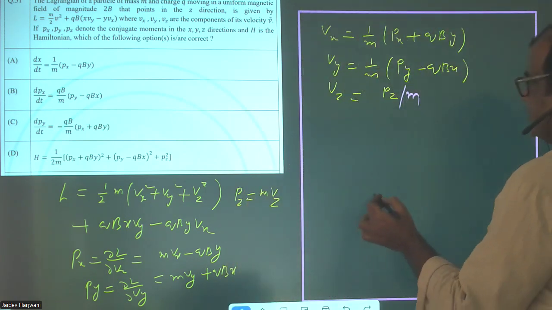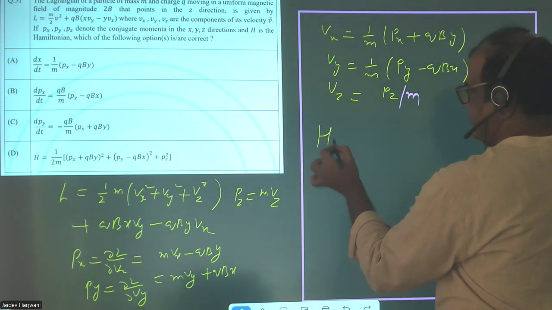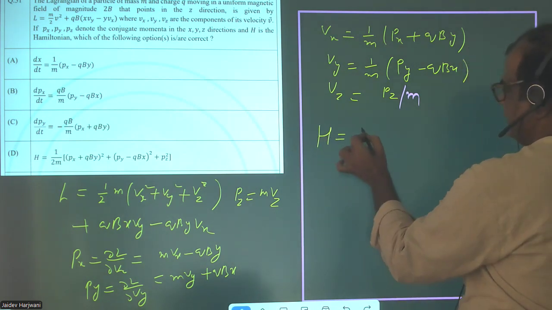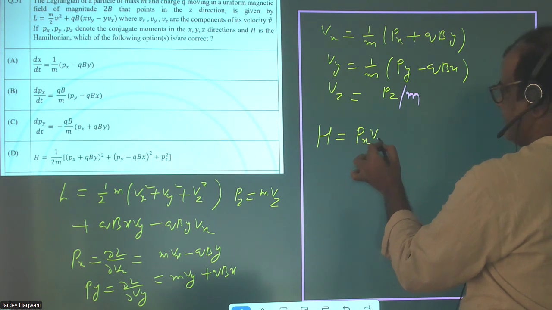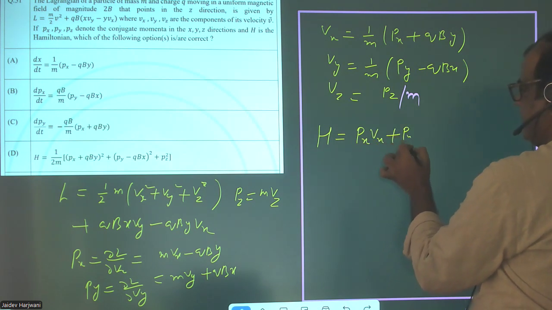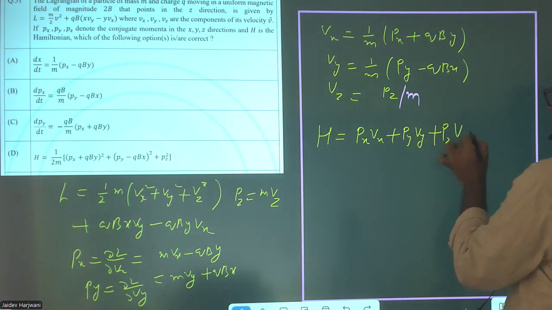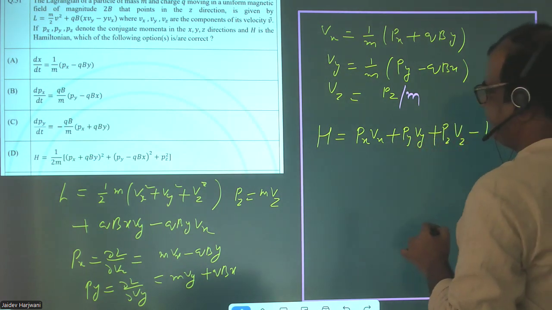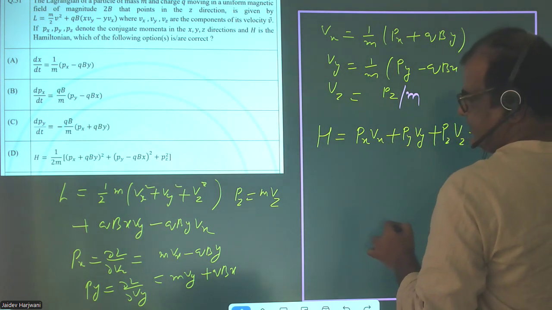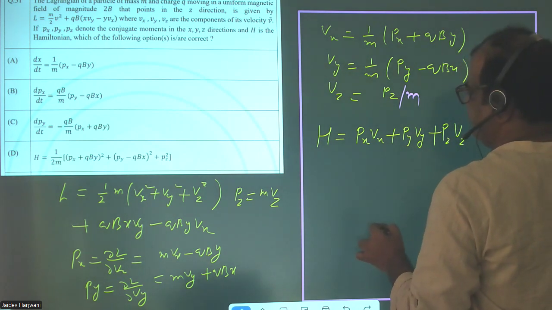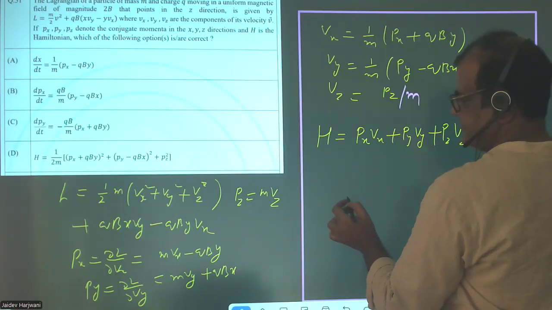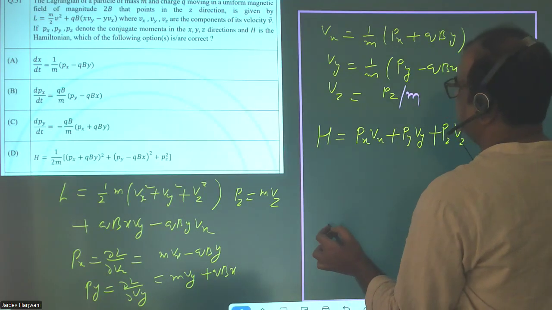Okay, so what will the Hamiltonian be? The Hamiltonian H will be px vx plus py vy plus pz vz minus L. So I can now write the value of px. We have the px values.